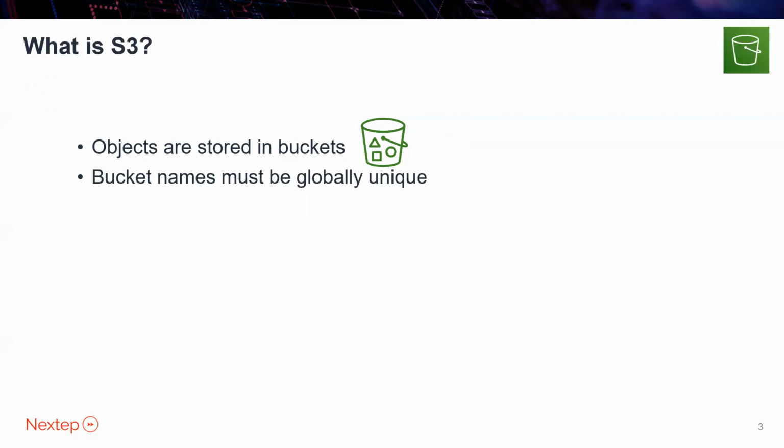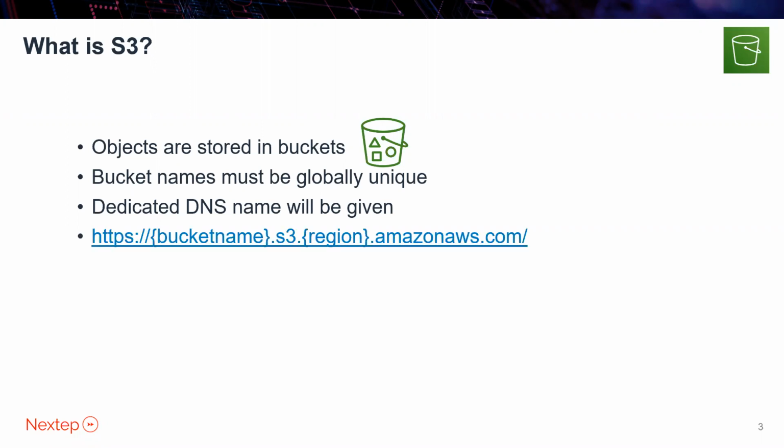Does it make sense? Once it is taken, it's taken. It's taken forever, meaning once I delete the bucket, it's available for you guys to take it. But as long as I hold it, that bucket is taken. So bucket names must be globally unique across all the accounts. The reason is they will give you a dedicated DNS name. That is why they want to make the bucket names globally unique.